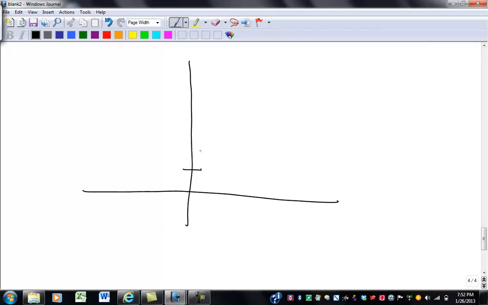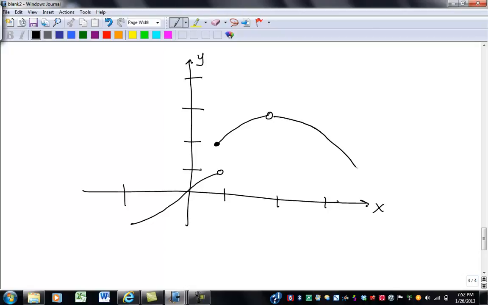If I have a graph, y values and limits aren't necessarily the same thing. We'll let this graph be the picture of f of x.